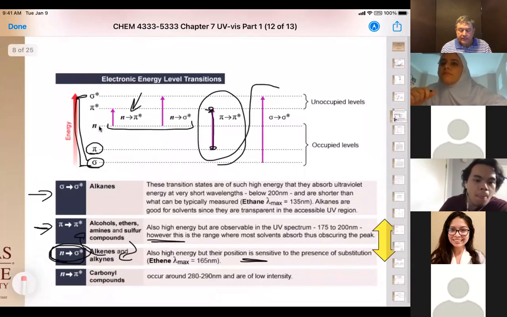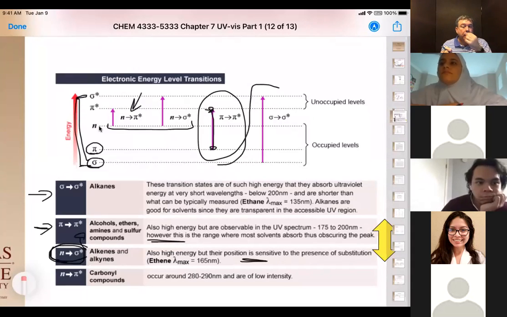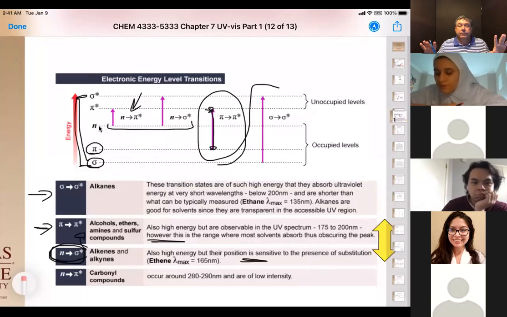So this name group has to be down here in the non-bonding to sigma transition. So it's just the names alcohols, ethers, amines, and sulfurs that need to be in the non-bonding to sigma transition. The alkenes and alkynes need to be up in the pi to pi star transition. Everything else is right.